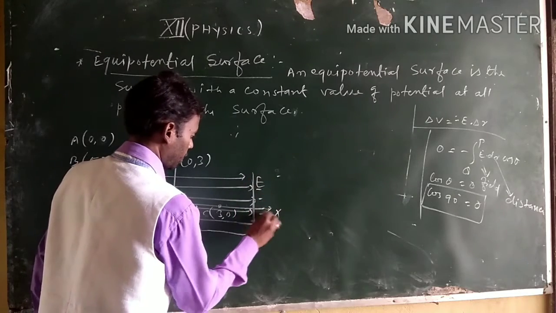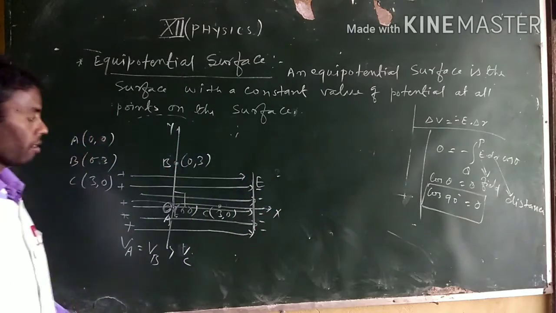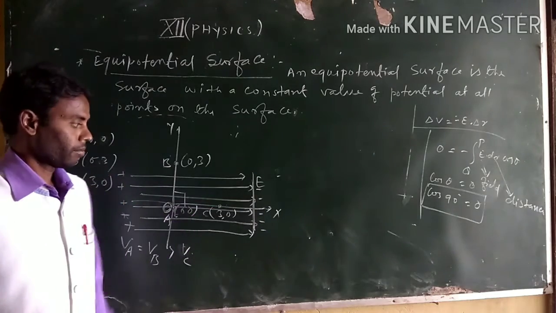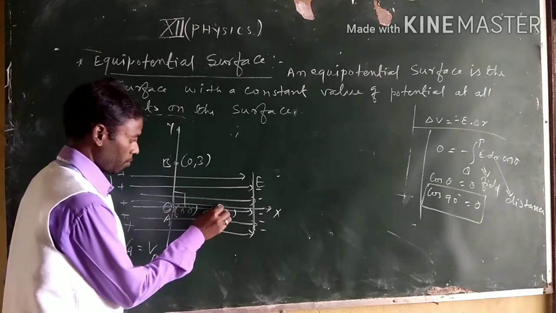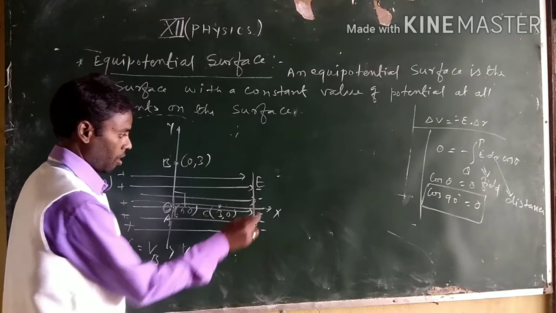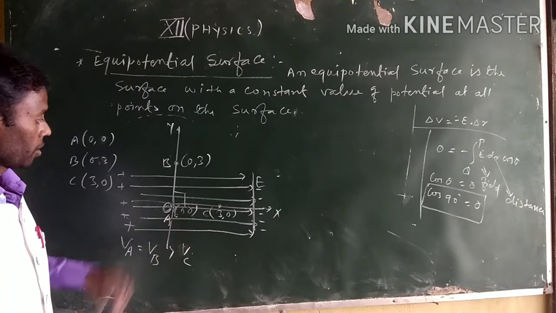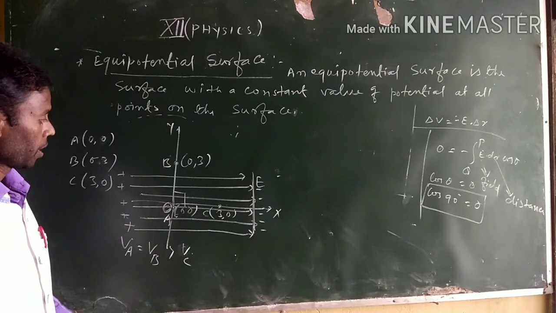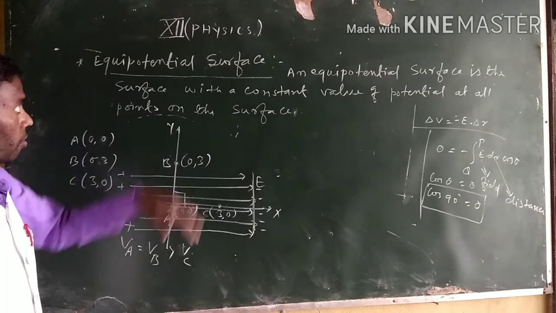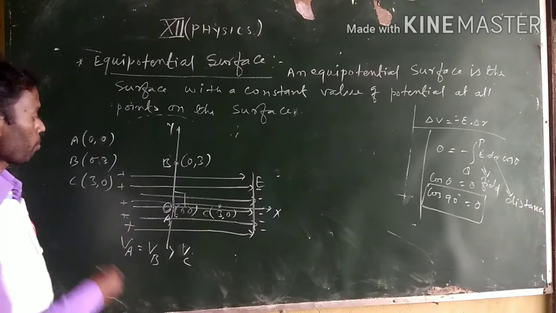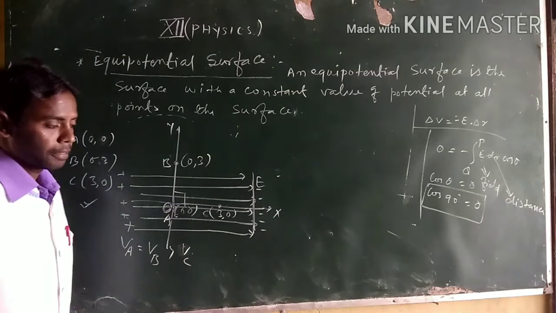The electric field always goes from positive to negative. That means the potential here is lower, just closer to the negative charge of these field lines. This was our example of equipotential surfaces.